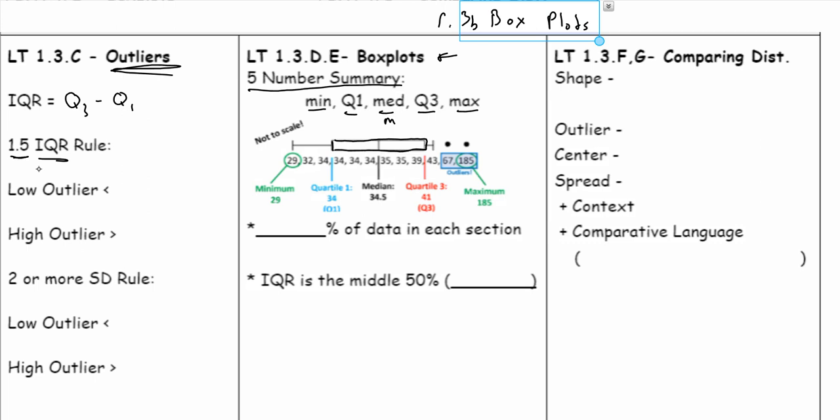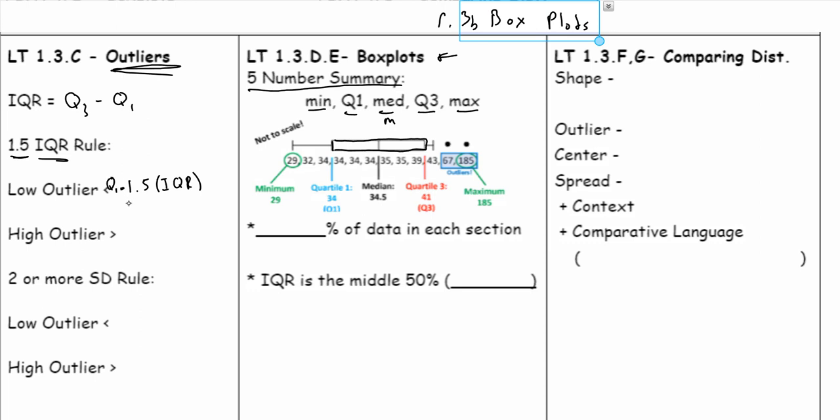And so this is what we do. In order to identify outliers, we can find a lower outlier by taking 1.5 times whatever the IQR is. You multiply that by 1.5, and then you subtract that value from Q1.